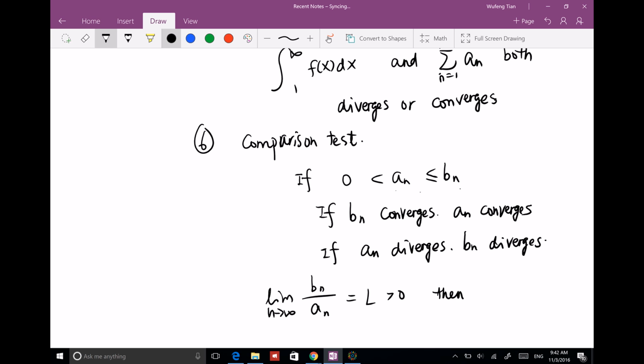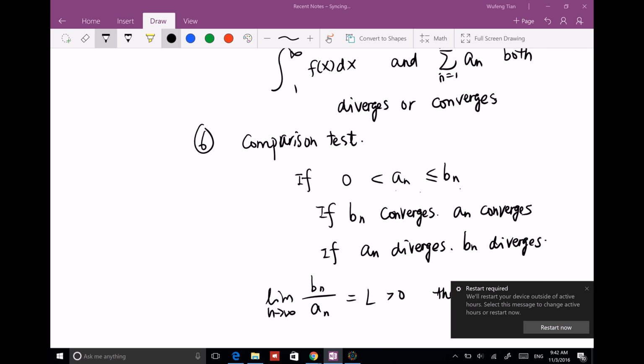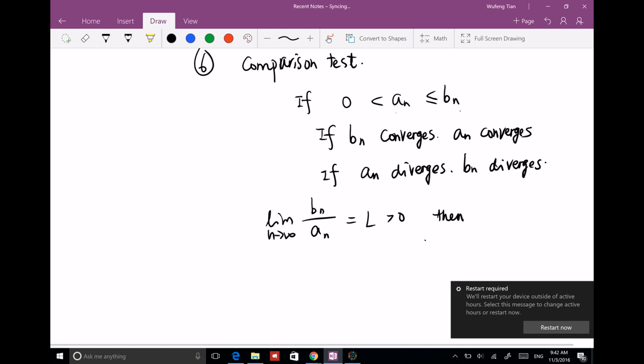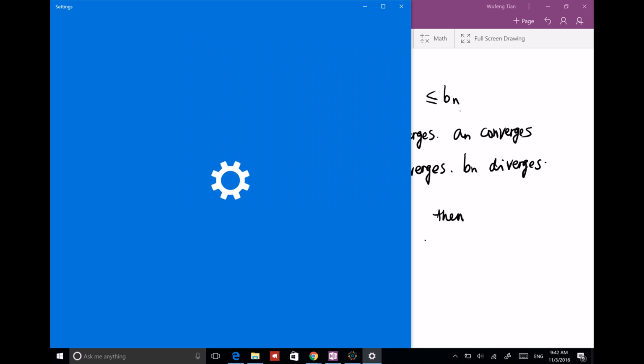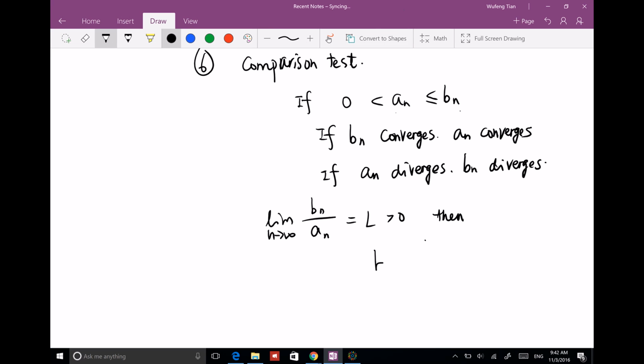Then a_n and b_n have the ratio as a constant, for example 1 over n plus 1, or 1 over n squared plus 1, those kinds of series.